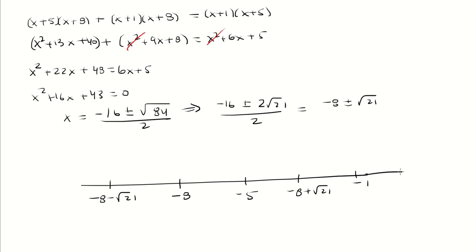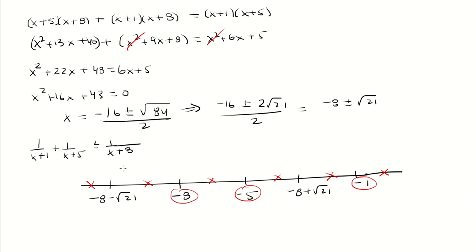And so we want to plug it back into the original, which was 1 over x plus 1 plus 1 over x plus 5 is less than or equal to 1 over x plus 8. So the idea is you want to plug in numbers in these different ranges. And I'm going to circle the ones that are undefined just to keep that in mind. And so we're going to test each number in each region.